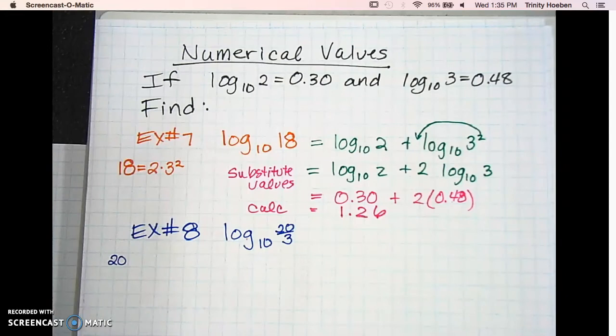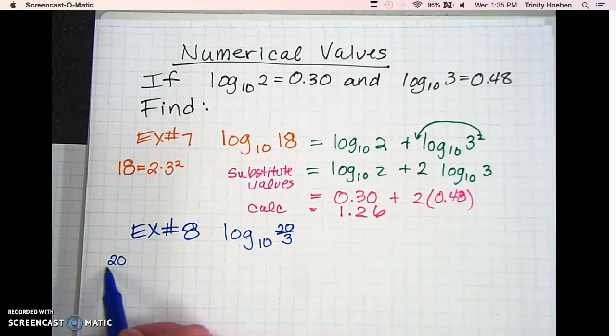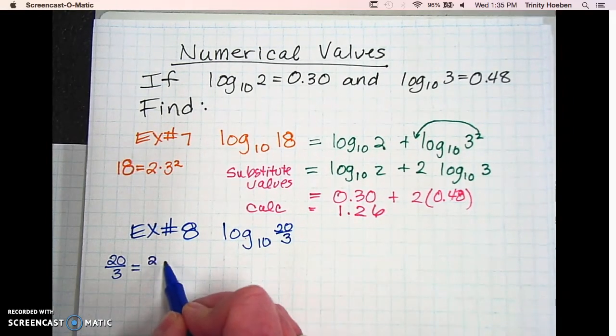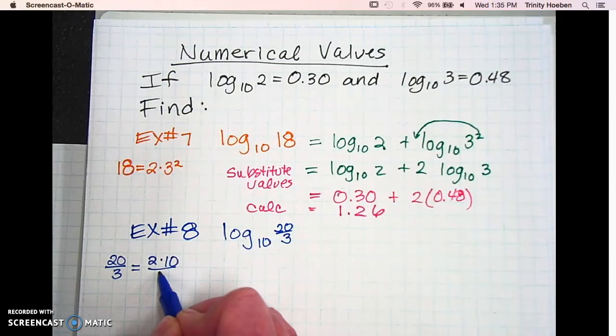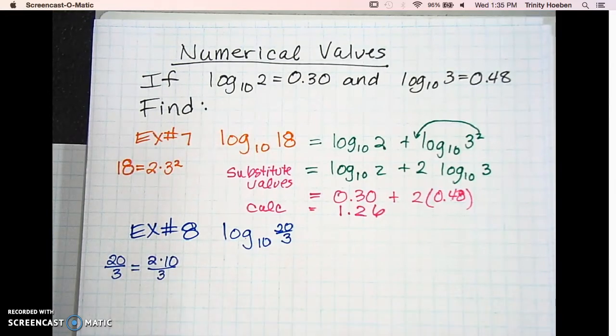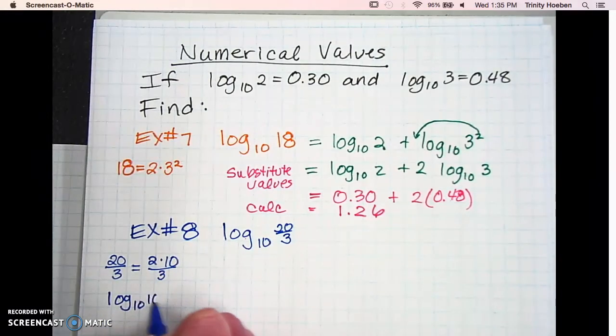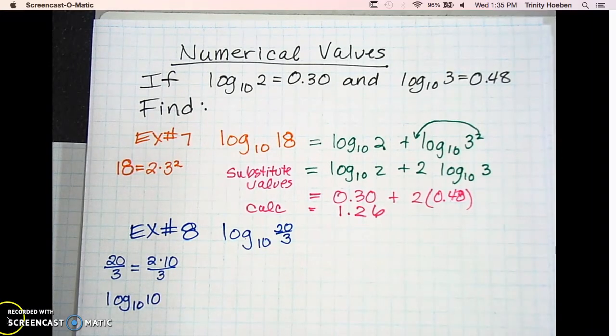Do we have a way to rewrite 20? How about 2 times 10 over 3? Okay? Now all of a sudden, we have a 10 in there. What happens if you take log base 10 of 10? What's the answer? It's 1, right?